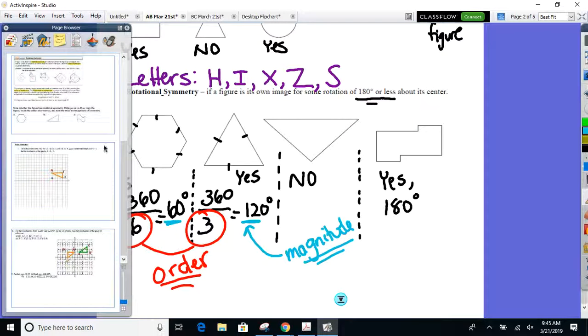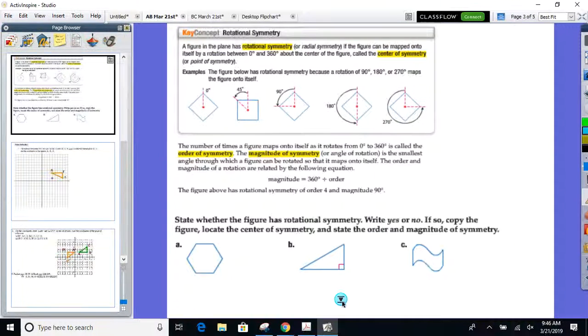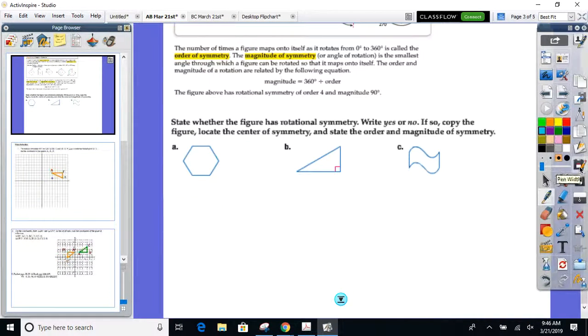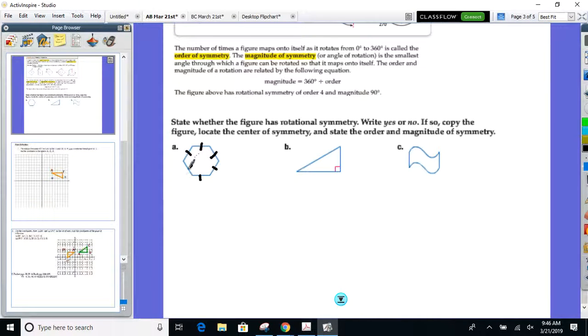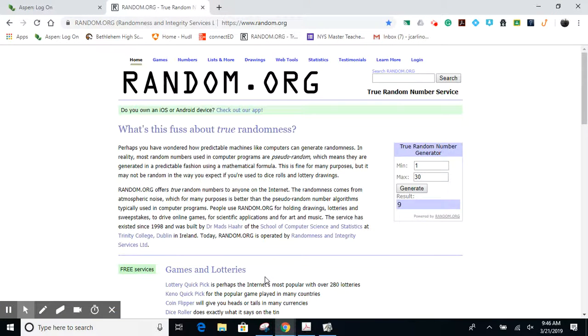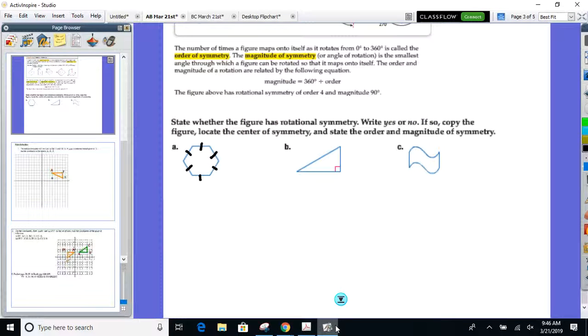All right, so going back, I know some of these are going to be repeats, but I had no choice. Down on part A, assume it's regular. I'm going to go actual numbers here now instead of just calling out. Here we go. 4. Does this have rotational symmetry? Yep, it's a regular hexagon. What would its magnitude be? Because it says state the order and the magnitude.